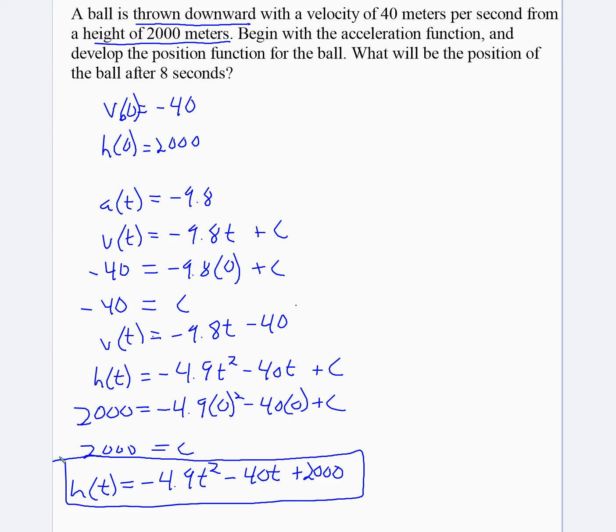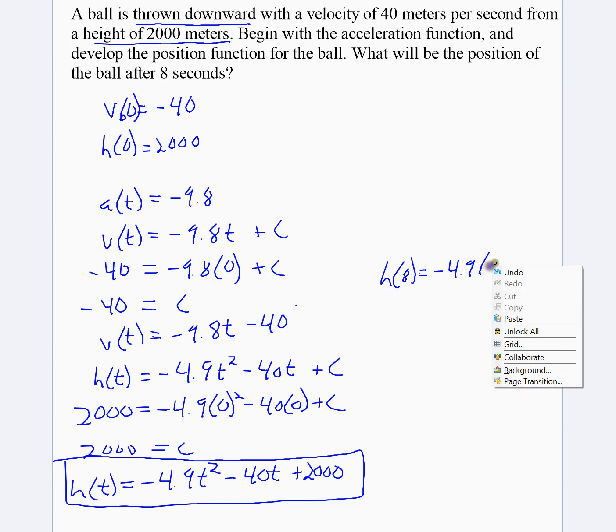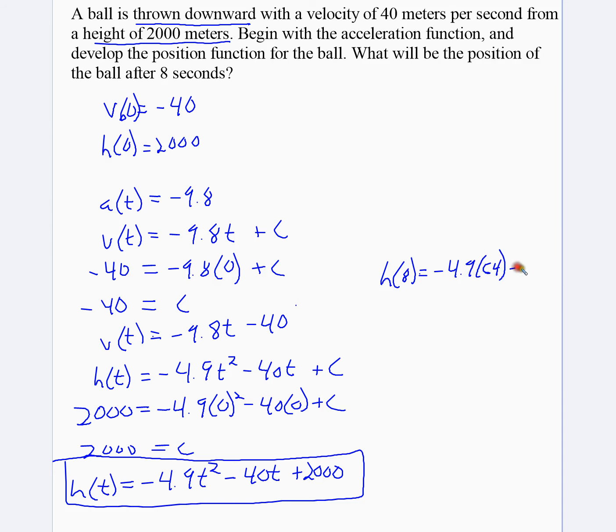The next question, what will be the position of the ball after 8 seconds? So we're going to take our position function, we're going to plug in 8. So 8 squared is 64, minus 40 times 8 is 320, plus the 2,000.